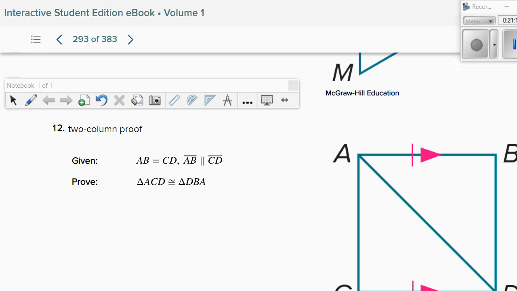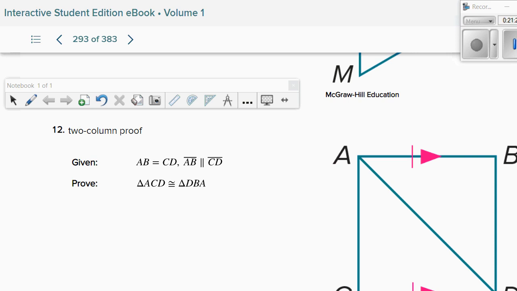We've got to remember here that if you have the arrows showing parallel sides, I want you to automatically think, hey, there's transversal stuff going on. If you remember back to chapter 3, we did transversals. If lines are parallel, all those things that we learned, the different angle groups come together.